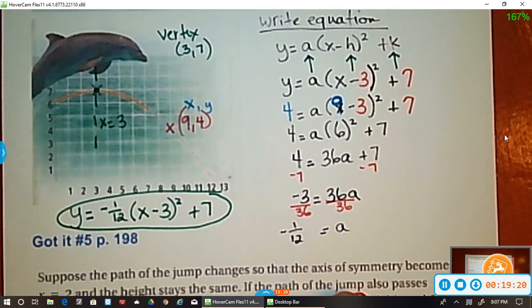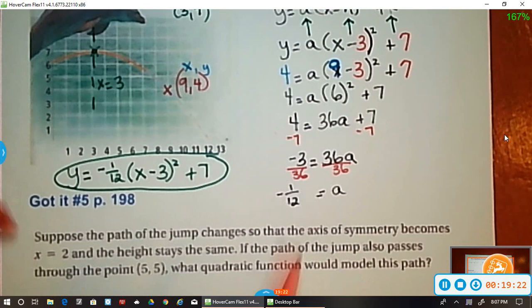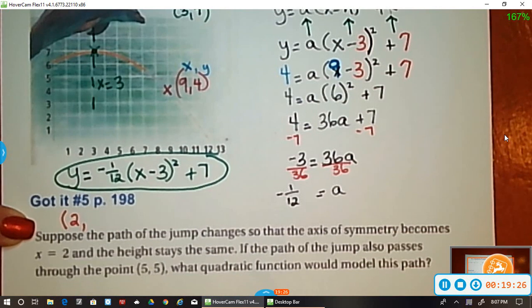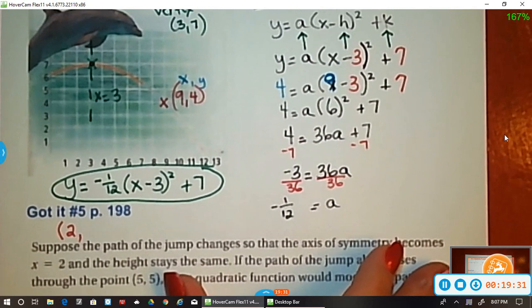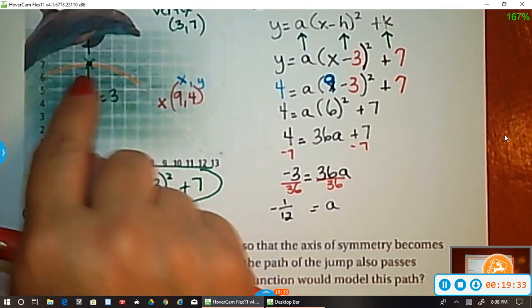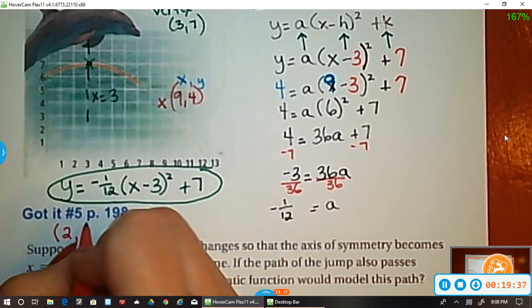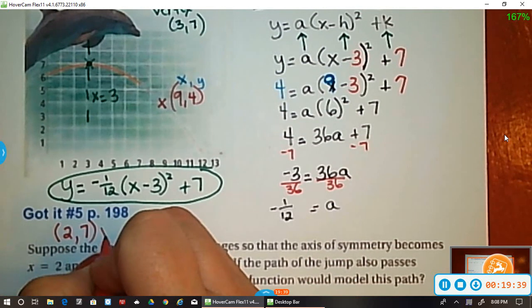So for the new problem I've got down here, the x part of my vertex is going to be 2 because we're changing the axis of symmetry to x equals 2. But the height of the jump stays the same. Well, how high does this go? It goes all the way up to 7. So my new vertex is (2, 7).